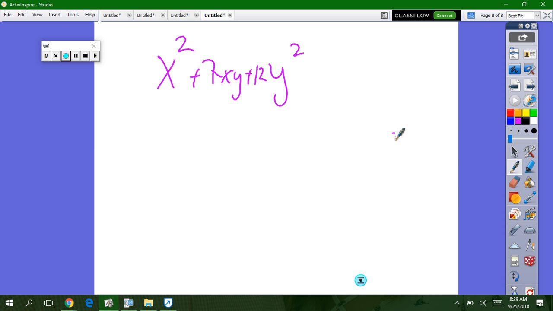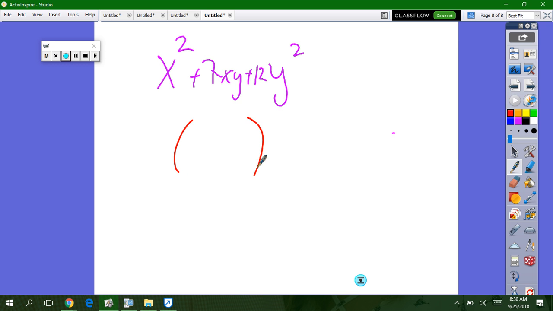Okay, if you can't read that, that's x squared plus 7xy plus 12y squared. Okay, let's just kind of think about it the way I was taught. Once again, this is kind of the guess and check method, okay? Just so we can get an idea of what's going to happen.